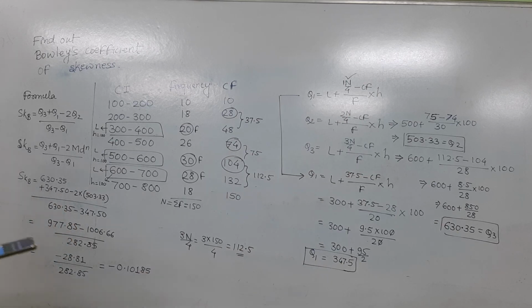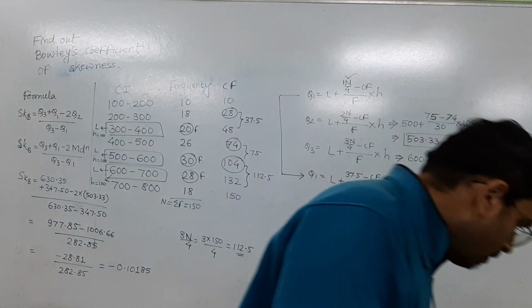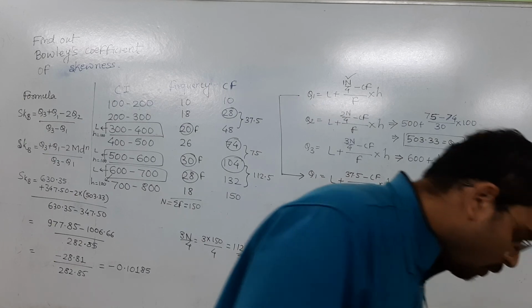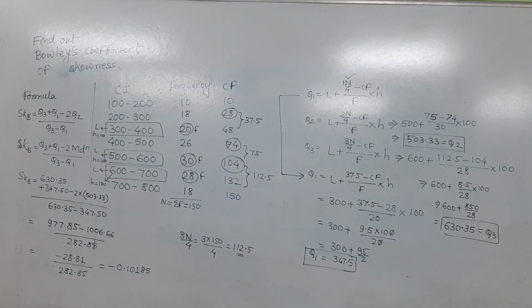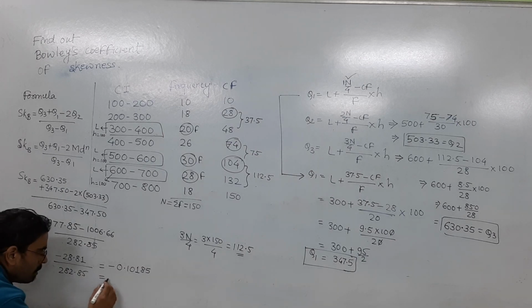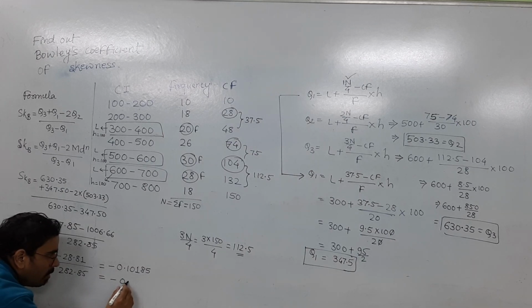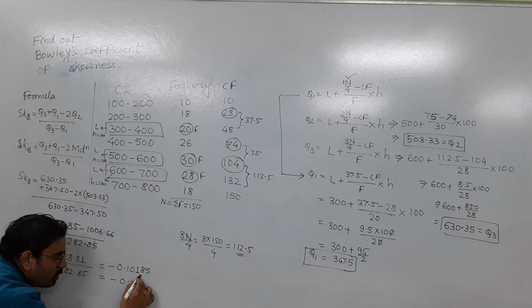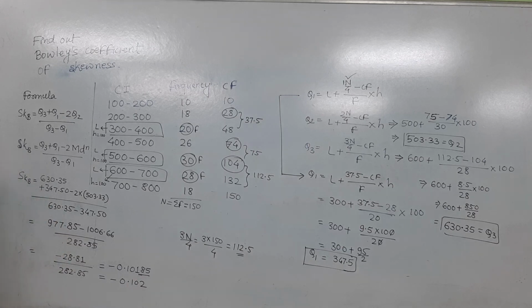So the answer is minus 0.10185. You can directly write minus 0.102. So in this way, we have seen how to find Bowley's coefficient of skewness. I hope you understand. Thank you very much.